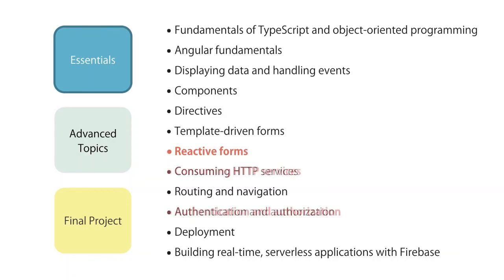Also, you can skip consuming HTTP services as well as authentication and authorization. You need to watch these sections if you want to build a backend for your application using frameworks such as ASP.NET, Express, Django, and so on. But this e-commerce application we'll build in this course doesn't have a custom-built backend. We use Firebase as the backend, so things are a little bit different here. If this sounds confusing to you, don't worry, I will clarify it in the section about Firebase.